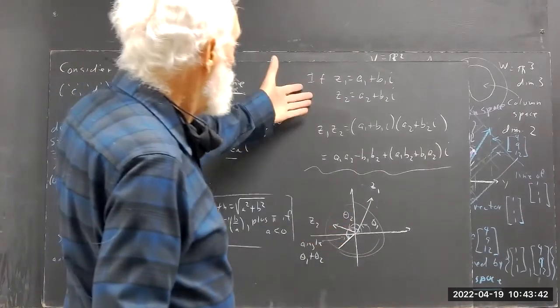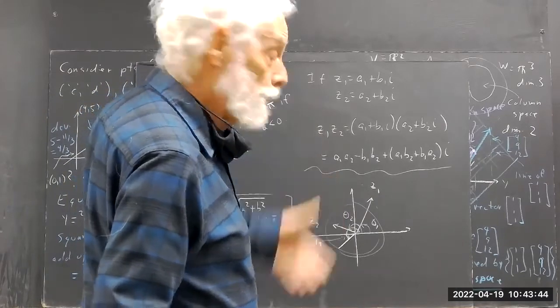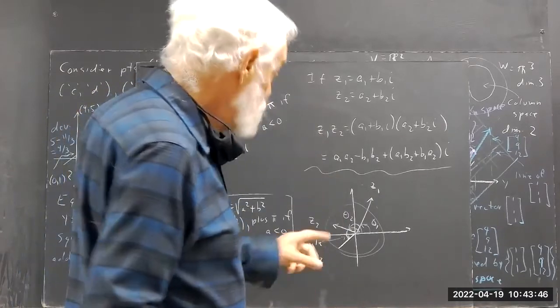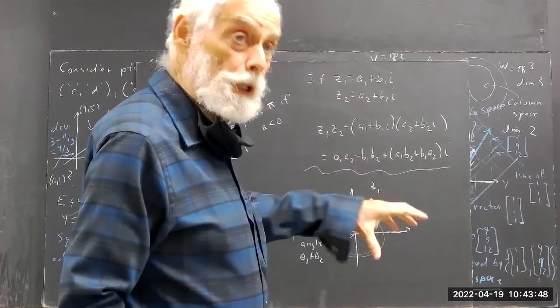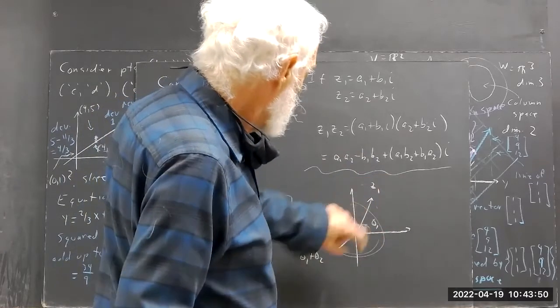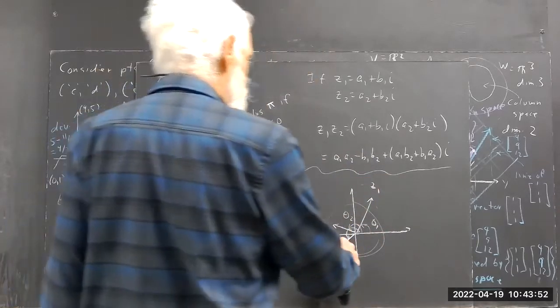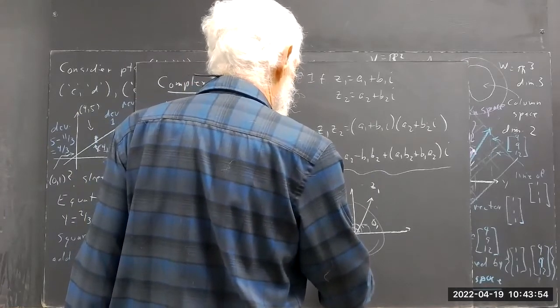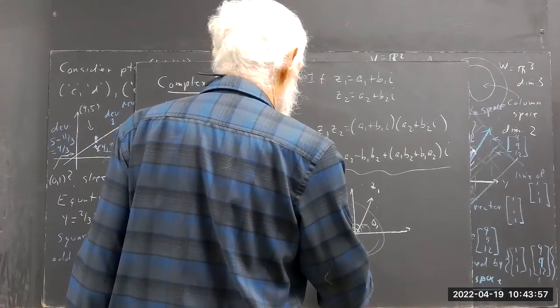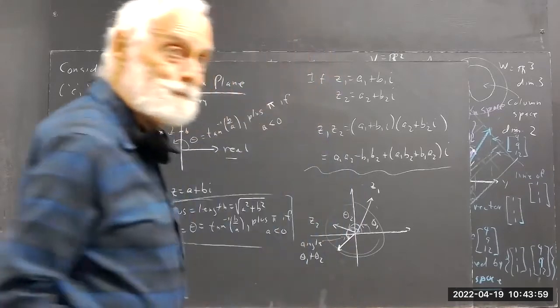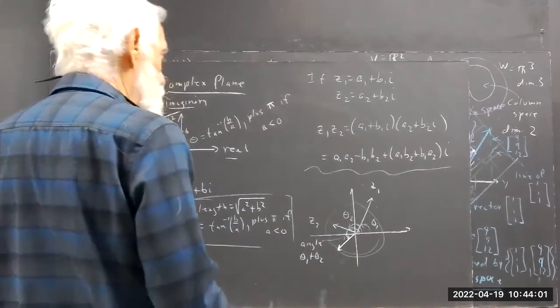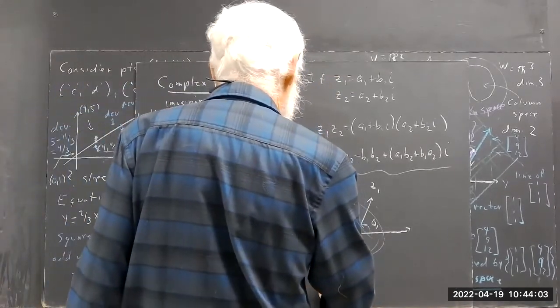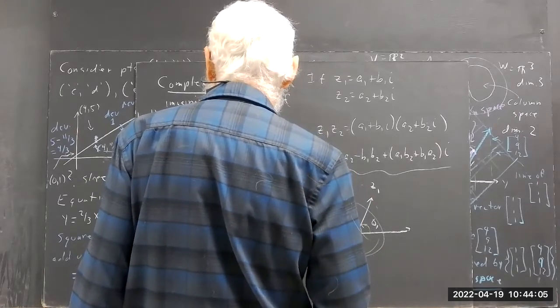So when you multiply two complex numbers, you're just adding their angles, and then you multiply their moduli, their lengths. Well, this is a little bigger than one, and this is a little less than one, so it maybe comes out kind of close to one, but I'll make it a little bigger. Sure, it's not always one.